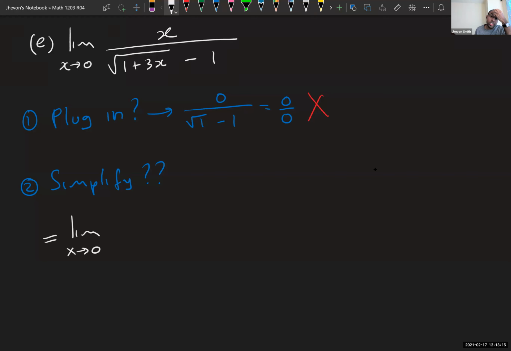Obviously, the denominator is the issue. How can we deal with the denominator? Wouldn't you multiply it by itself? Multiply by itself? What do you mean? Like you would do radical 1 plus 3x minus 1, and then you would multiply it by that fraction.